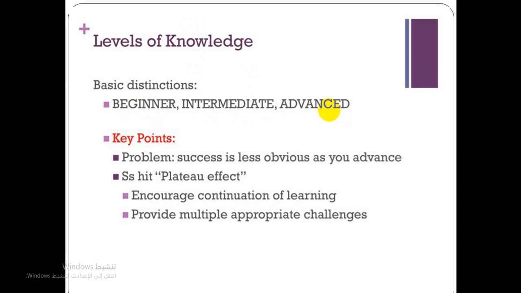If I ask you to distinguish between these terms, beginners are those who don't know any English, and advanced students are those whose level of English is competent, allowing them to read unsimplified, factual, and fictional text and communicate fluently.